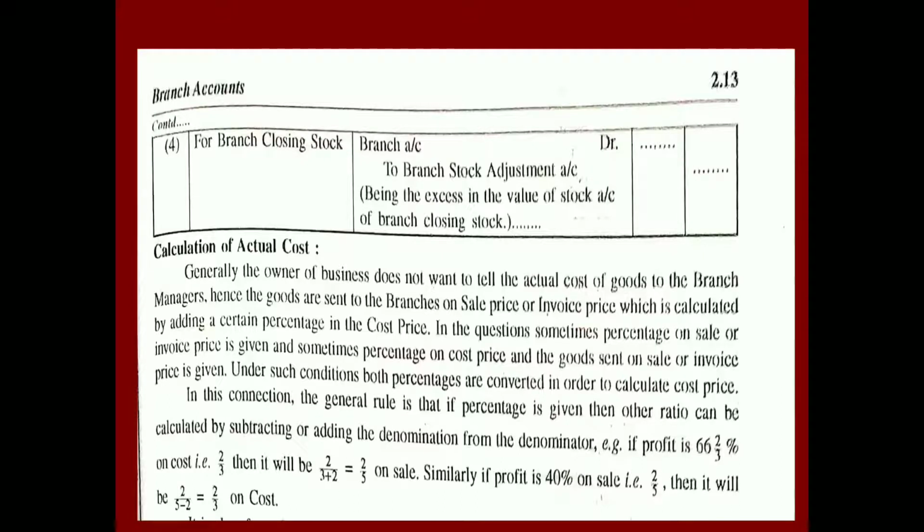Generally, the owner of the business does not want to tell the actual cost of goods to the branch managers. Hence, the goods are sent to the branches at sale price or invoice price, which is calculated by adding a certain percentage to the cost price.